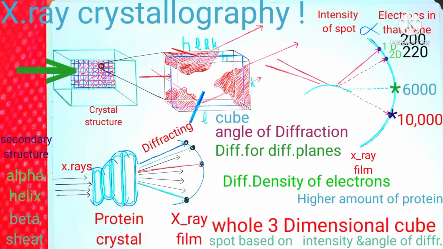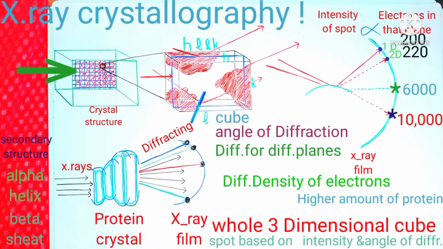With the help of this correspondence, we can analyze where exactly the alpha helix is present in this cube, where exactly the beta loop is present. That is going to give us an overall view of the protein structure.